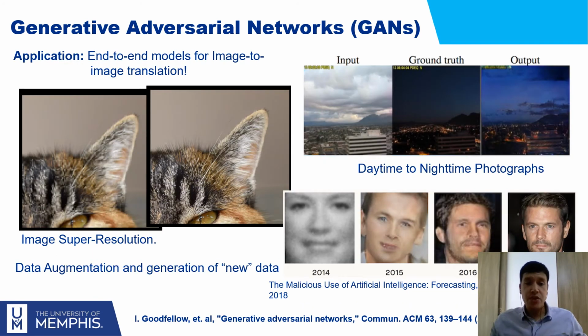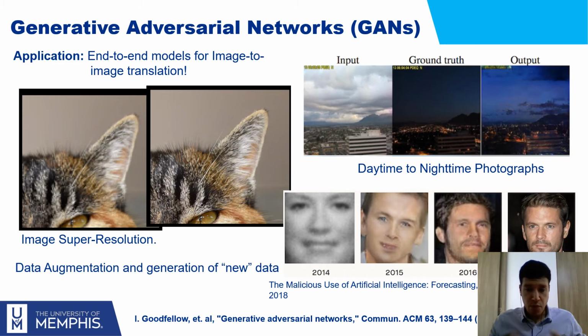These models have been used in different applications, essentially as end-to-end models for image-to-image translation. A lot of different problems can be solved by using GANs. One of the problems is image super resolution.